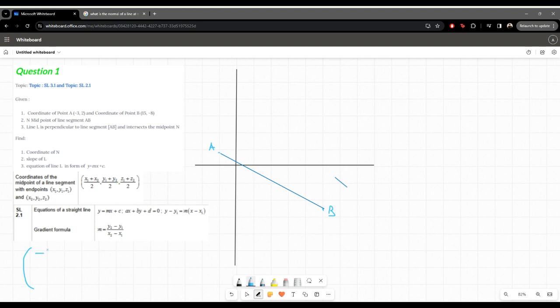So first we have -3 plus 15, and we divide that by 2. And then we add our y coordinates and take their average, which is 2 plus -8 divided by 2.